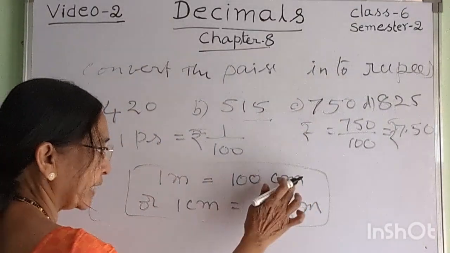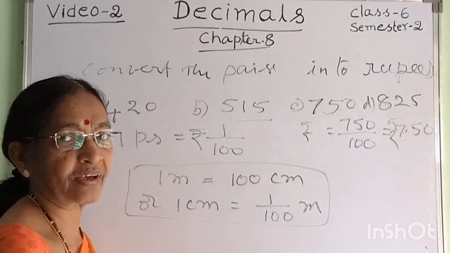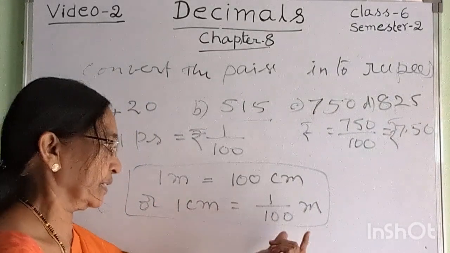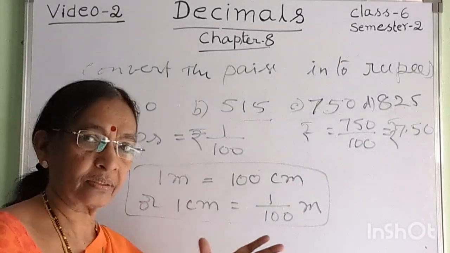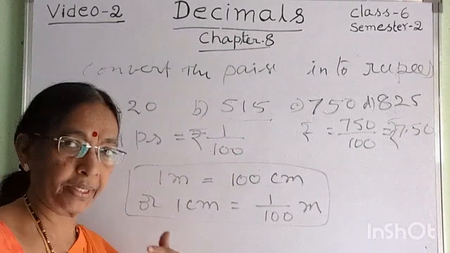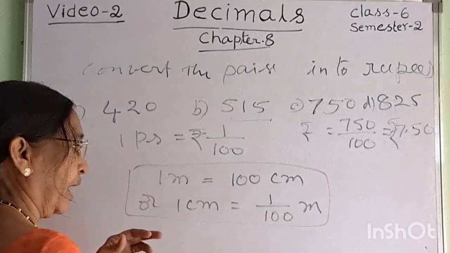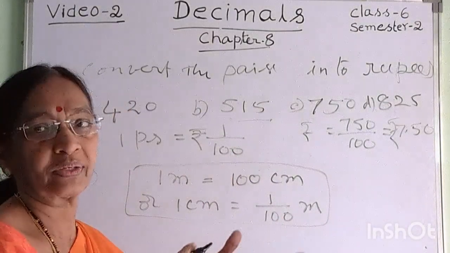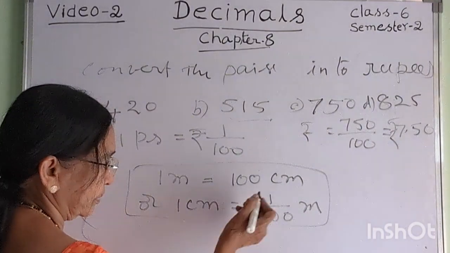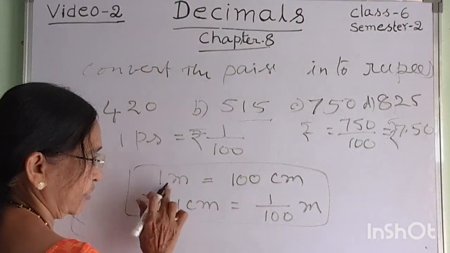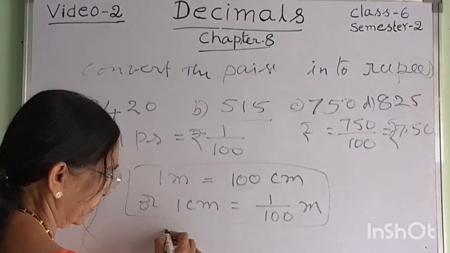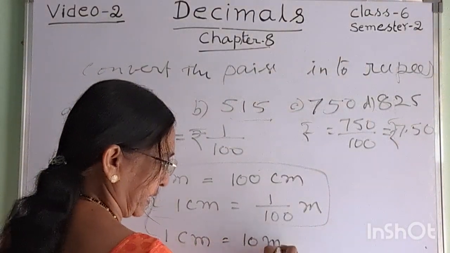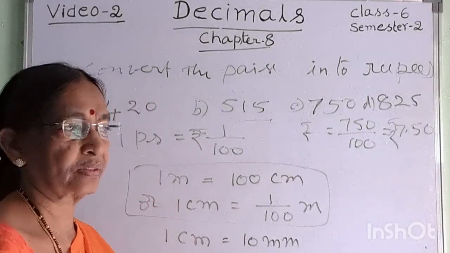Similarly, meter and centimeter are units of length. We use them to measure length. Meter is used to measure a bigger distance or the length of cloth. Centimeter is used to measure the length of a pencil or small things. So 1 centimeter is equal to 1 by 100 meter, because 1 meter is equal to 100 centimeters. Similarly, you know 1 centimeter is equal to 10 millimeters. Millimeter is very small.